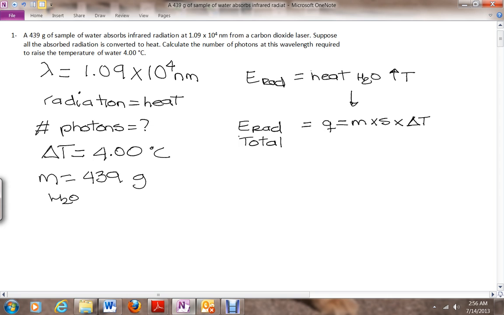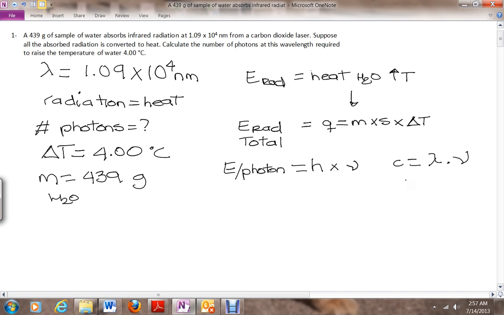So what if we find this total energy, and we find the energy per photon? Where do we get it from? I don't know if you remember this formula, you will have it anyway. It's the Planck constant multiplied by frequency. And you know that c, the speed of light, is equal to wavelength multiplied by frequency.